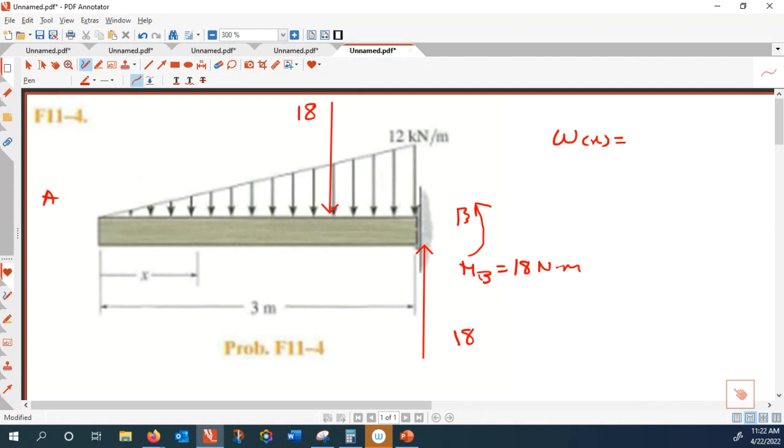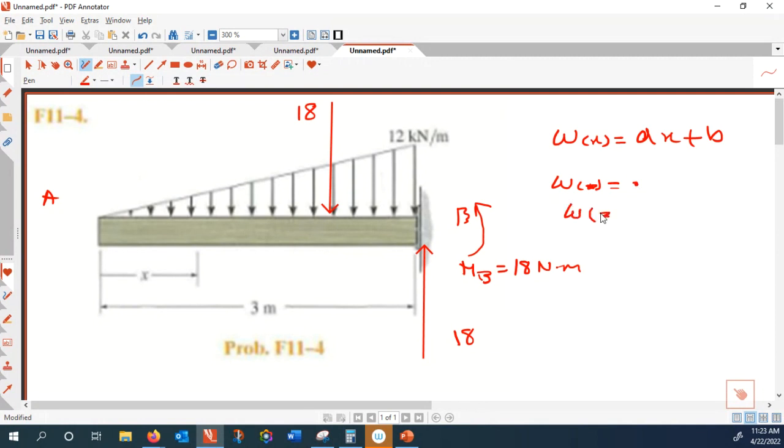What is the general shape of a line? The general shape of a line is AX plus B, right? Now all you have to do is find A and B. How can we find them? Simply by noting that at x equal to 0, W is equal to 0.